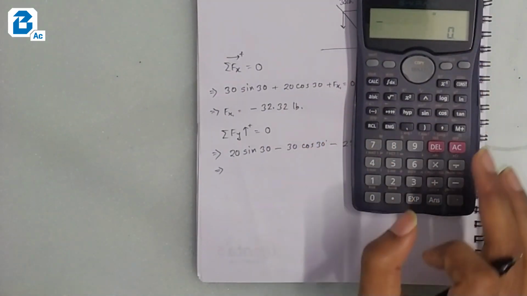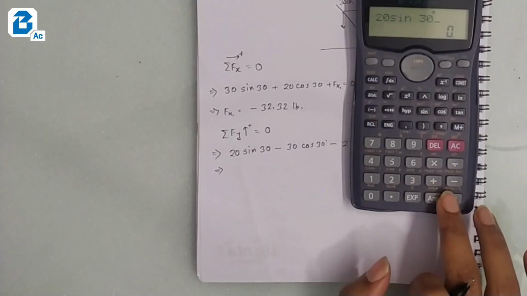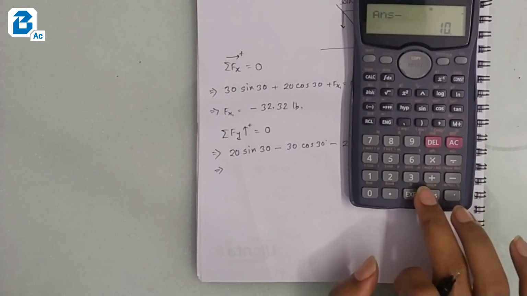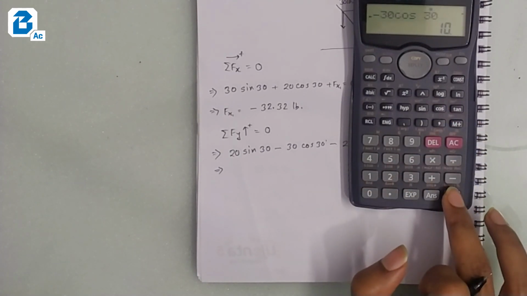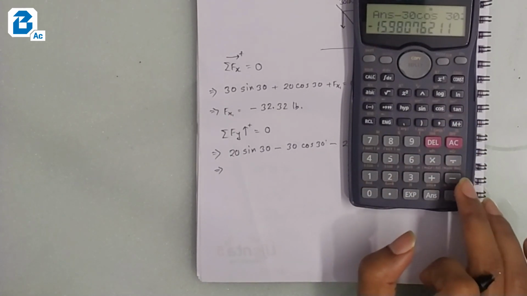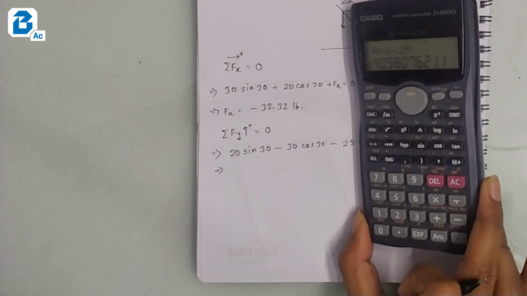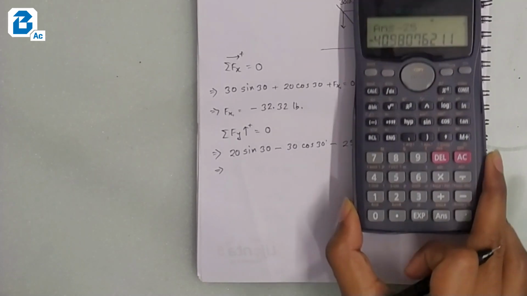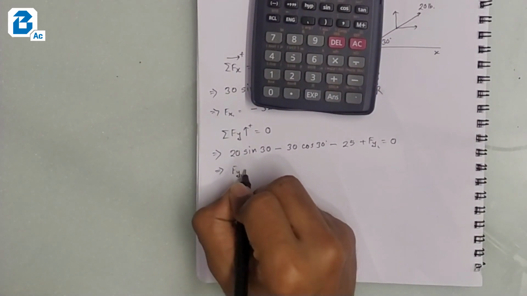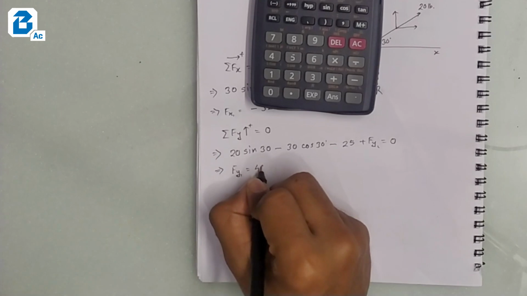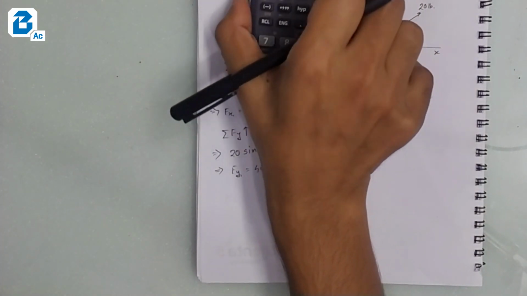And let's calculate it. 20 sine 30 minus 30 cos 30 minus 25, we get 40.98. F of y1 equals 40.98 pound.